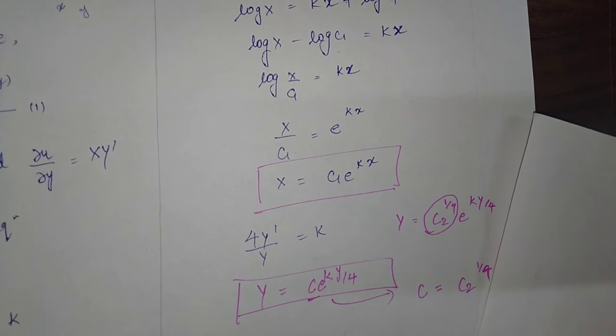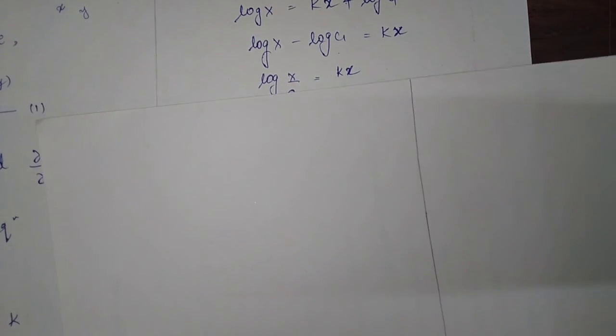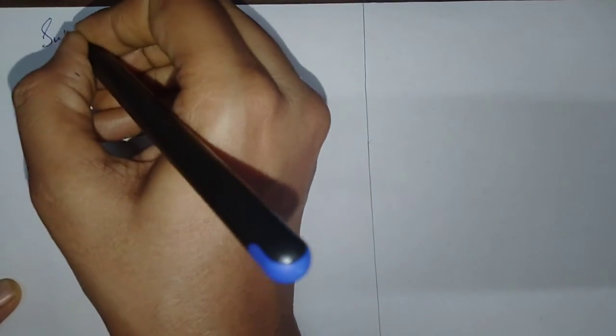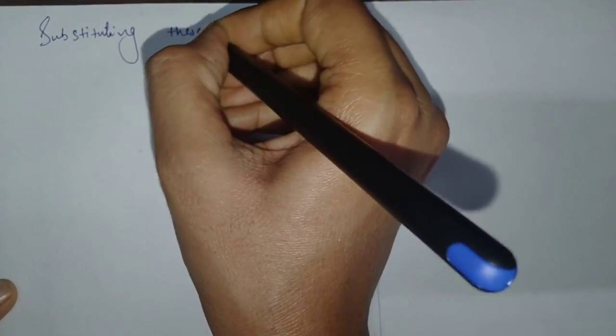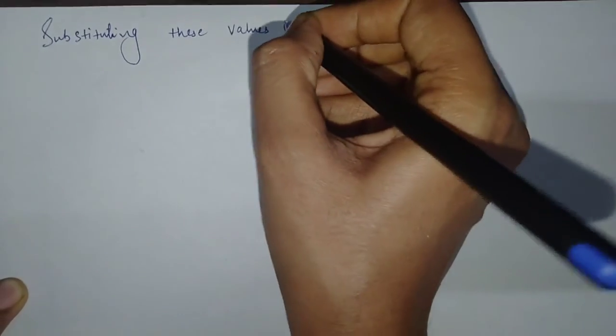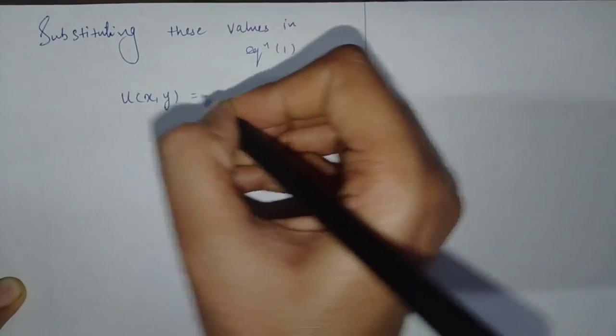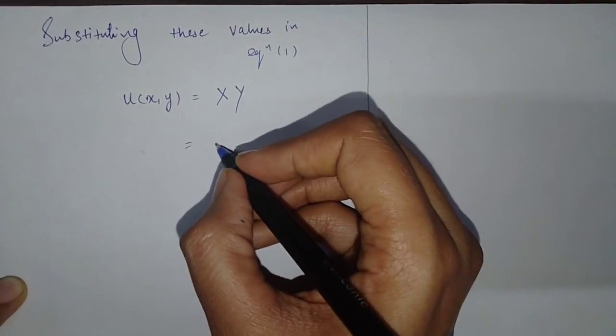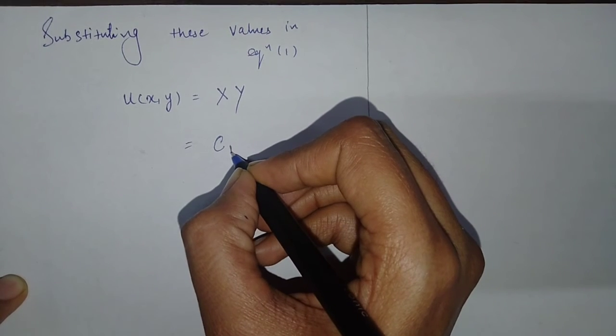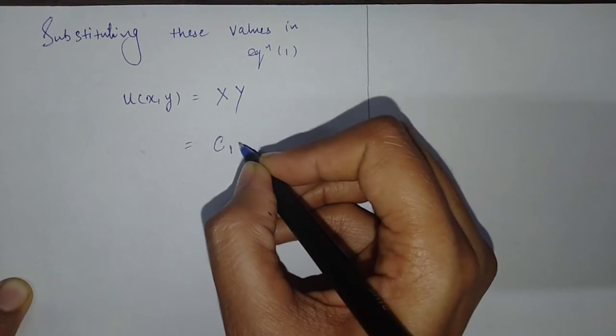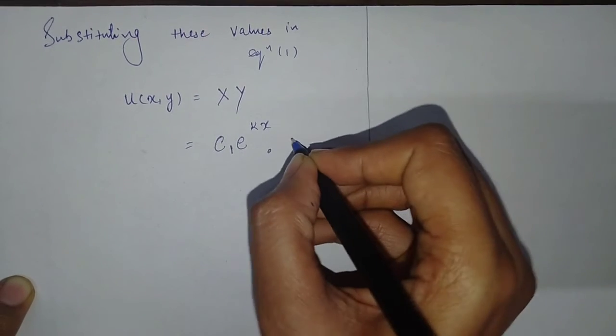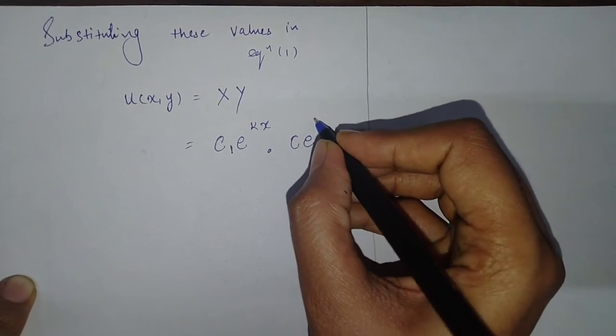So now we will put these values in equation number 1. Substituting these values in equation 1. What is our equation 1? U(x, y) equal to capital X into capital Y. Then what is the capital X we got? c1 into e raised to kx, and capital Y we got c into e raised to ky by 4.